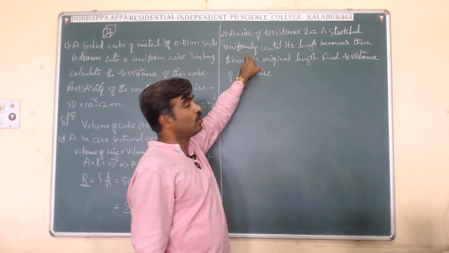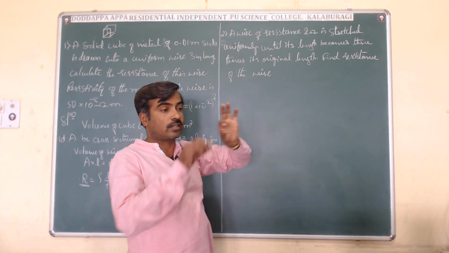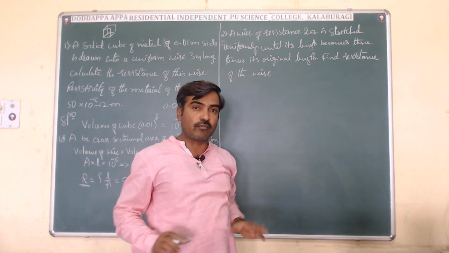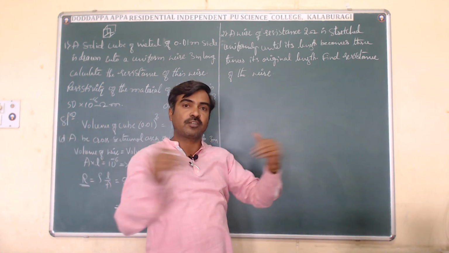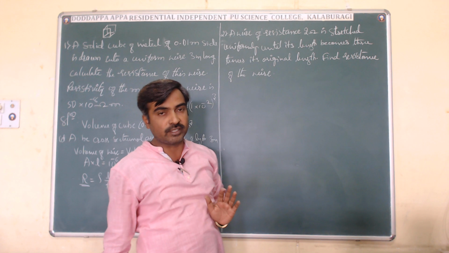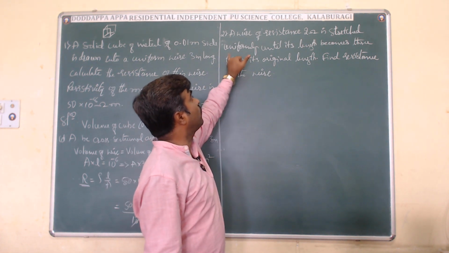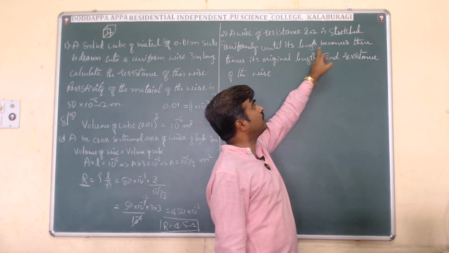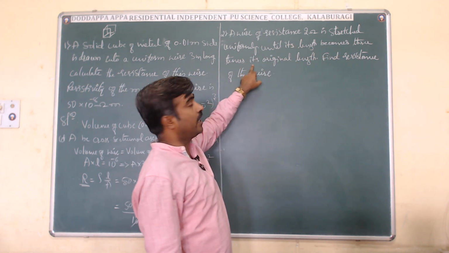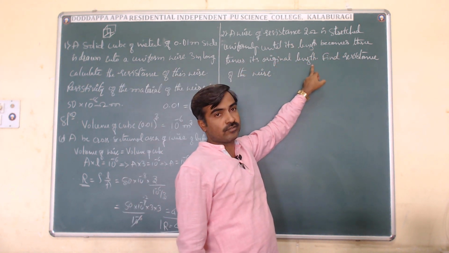So this word uniformly represents that the cross sectional area remains the same as it stretches. It means whatever the length of the wire has been changed, it keeps the same cross sectional area uniformly until its length becomes 3 times its original length.